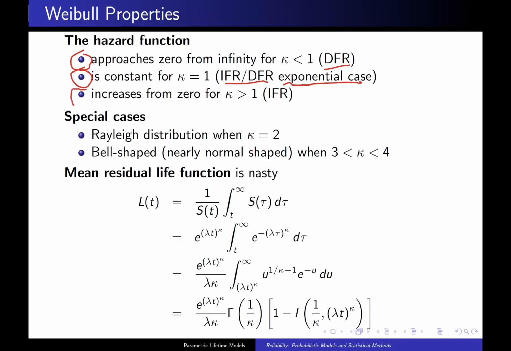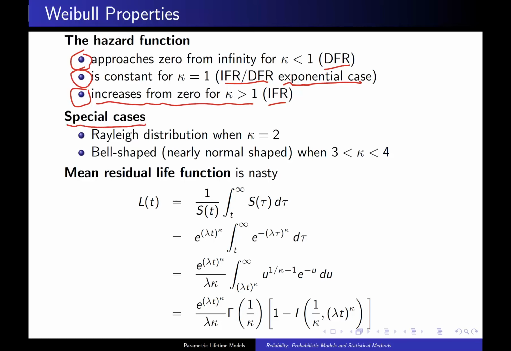And finally, the most common of the three is that it increases from 0 for kappa greater than 1, and that's the strictly monotone increasing hazard function, and that is in the IFR class. The reason this one is the most common is that most things in the world degrade with time. In other words, they age.